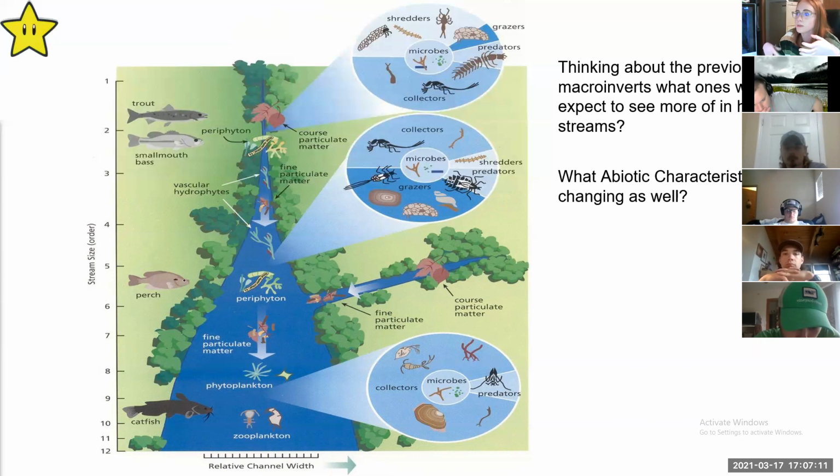This stream could be really unique in the way that it functions, or we could have done something to mess it up. Right. And so suddenly we see a high amount of turbidity in the headwaters. Well, that's not where it's supposed to be. So what's going on? You know, is that natural? Is that not? Is that because we are doing some sort of land use practice that is messing with the system? So keep that in mind.